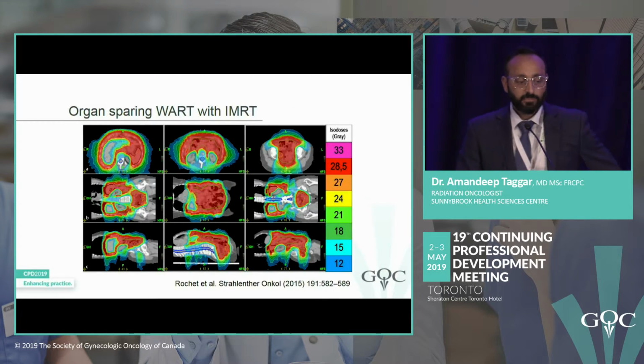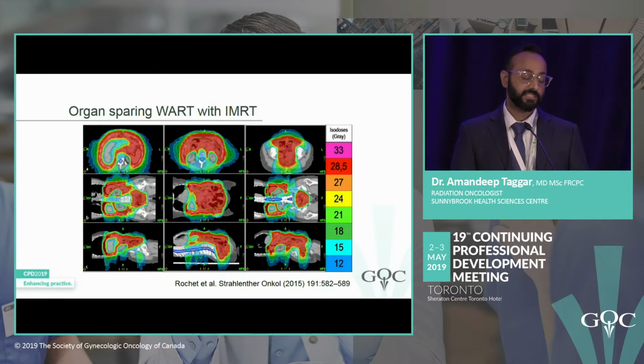So this is just an example of how intensity modulation has been used to deliver radiation. Remember I showed you the picture where the entire abdominal cavity received radiation with two beams from the front and back. Here, the red is the region where the high dose goes, and blue and green are where the low dose of radiation is being delivered.